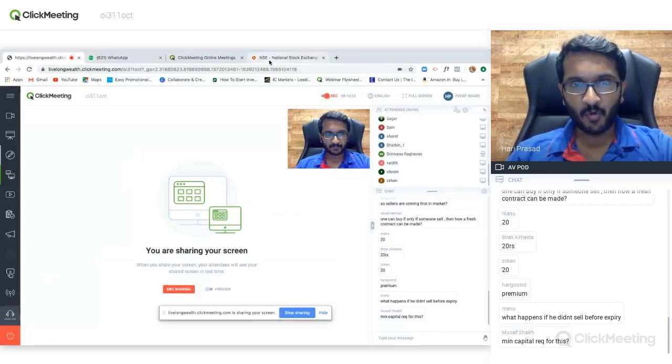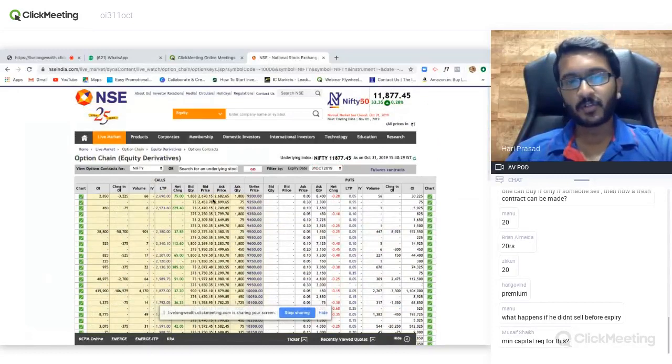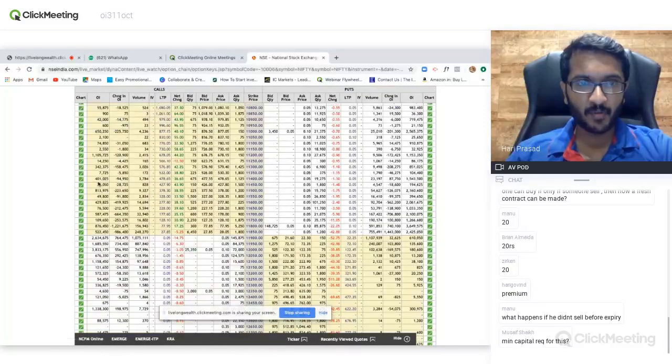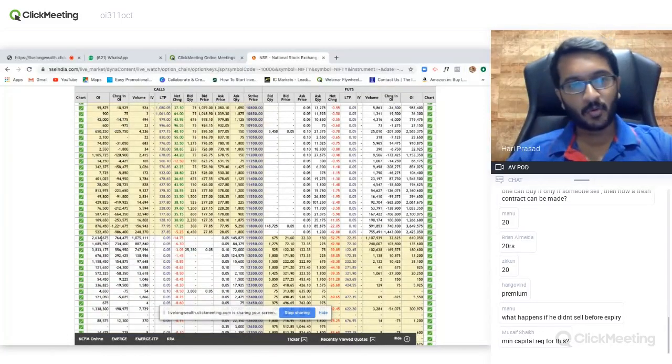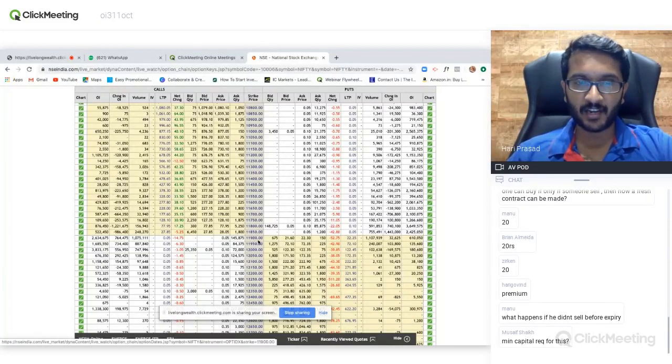Okay, so over here we can see different strike prices. At strike price 11,900, the open interest that is existing is 2,634,675. That is the number of active contracts existing at a strike price of 11,900.